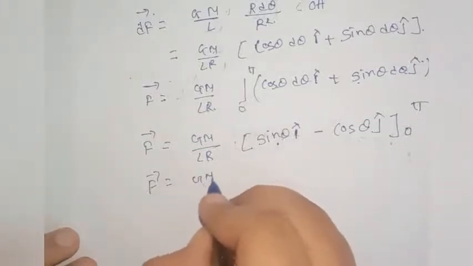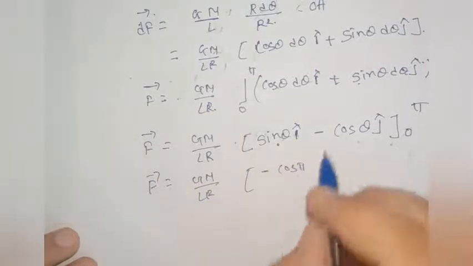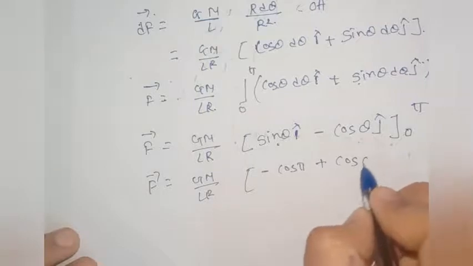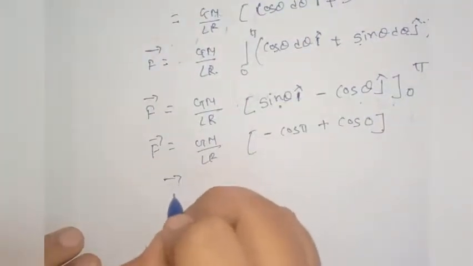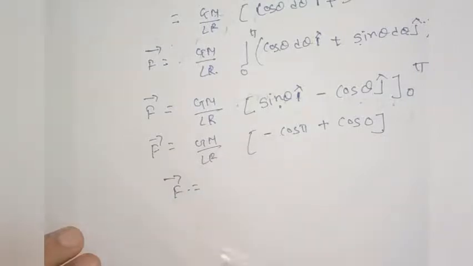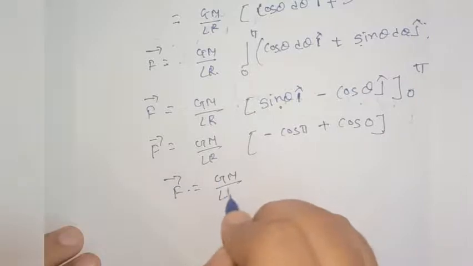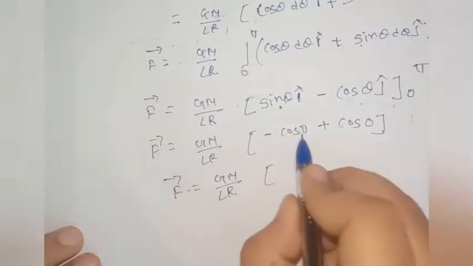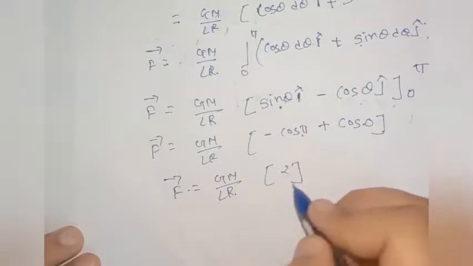So GM upon LR into minus of cos pi plus cos 0. Cos pi is minus 1 and cos 0 is 1, so this will give us the answer 2.